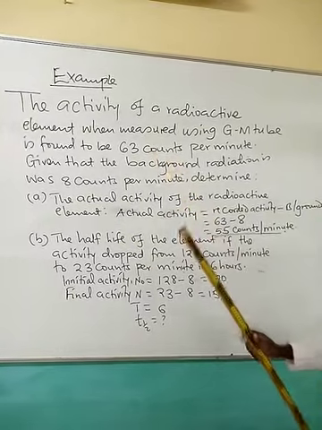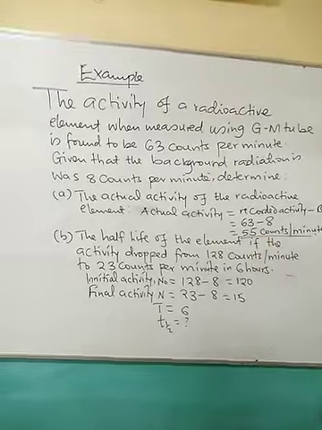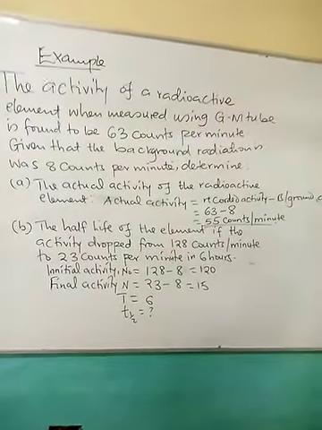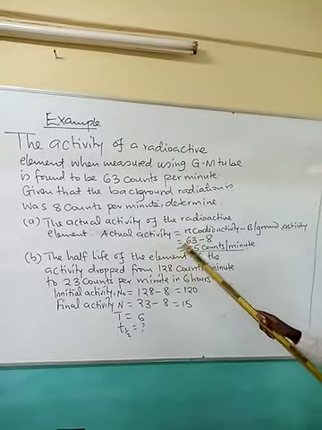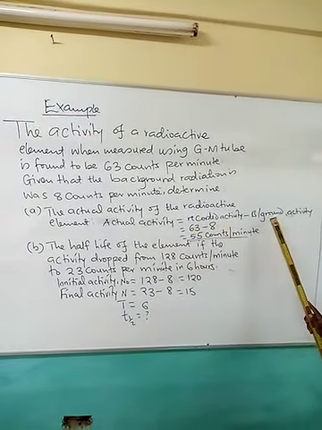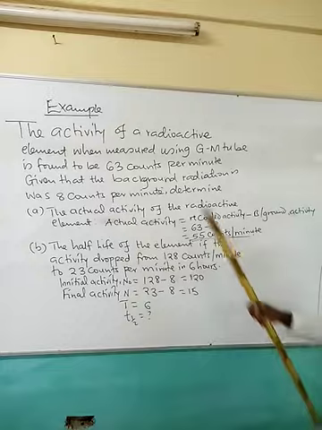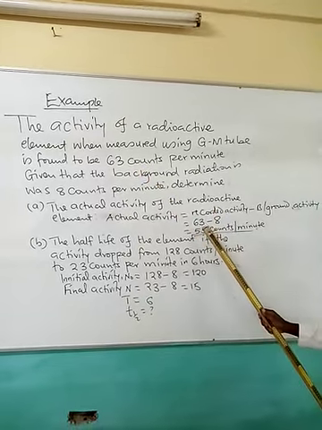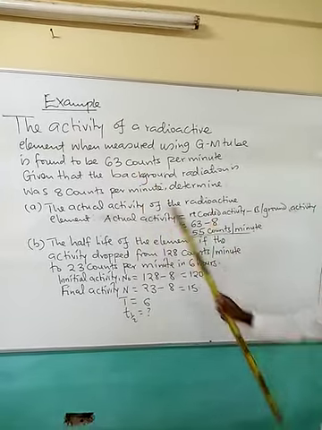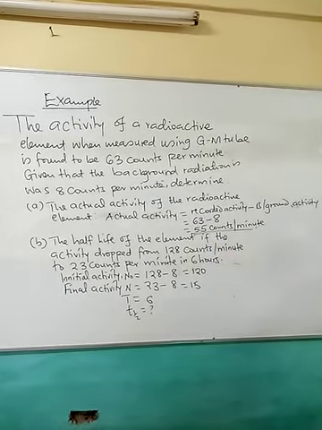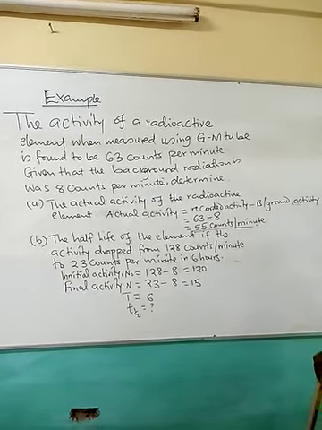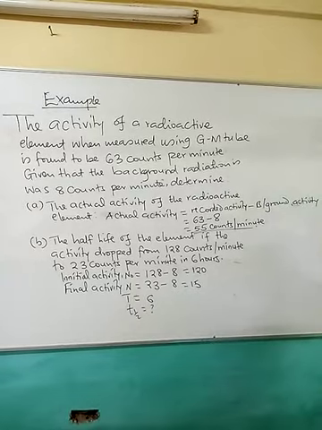So it was found to be 63. But then there is background radiation, and remember we said the actual or correct activity is normally the recorded one, you subtract the background radiation. So the one given here is 63, that's what's recorded. Background radiation is 8, so the difference gives us 55. So 55 is the actual activity of the radioactive element.